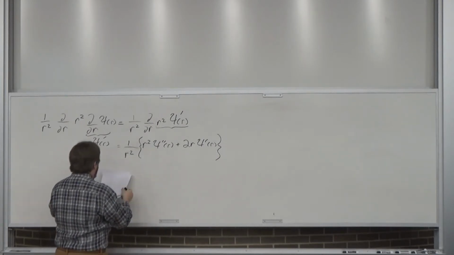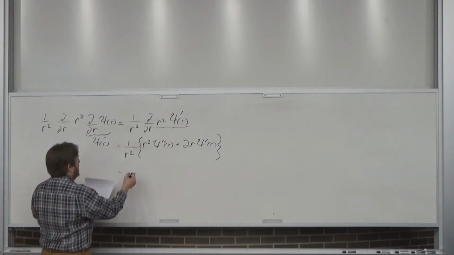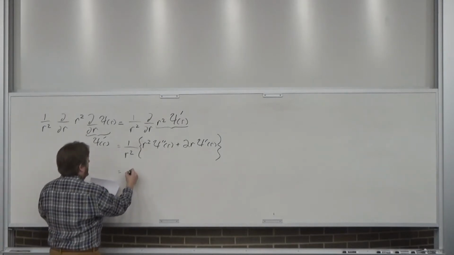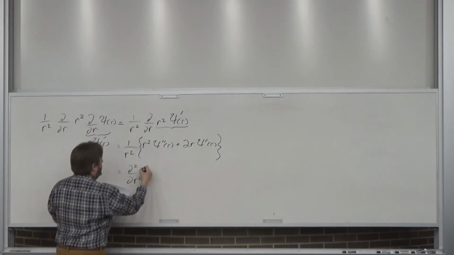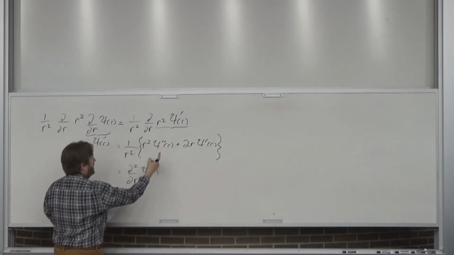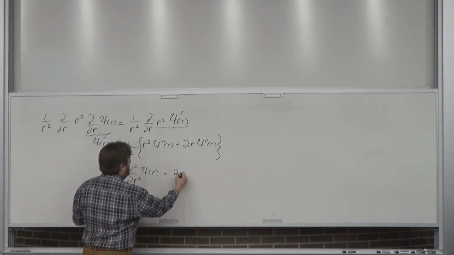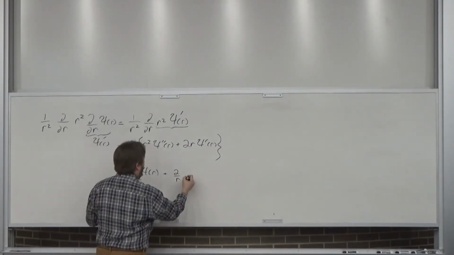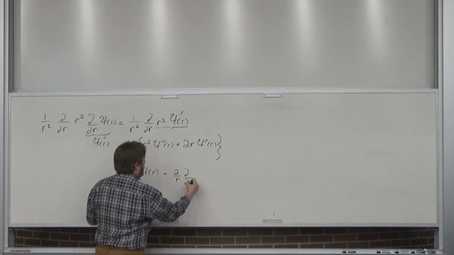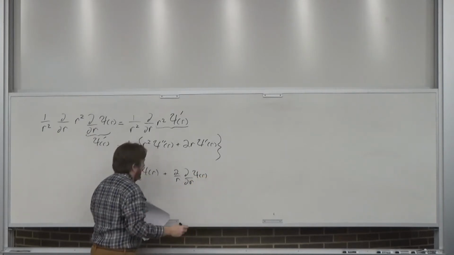Now, I'm actually going to do a couple things here. I'm going to unfold this little dash terminology as a double derivative, and I've got 2r over r squared, which is 2 over r, times the single derivative of the wave function.